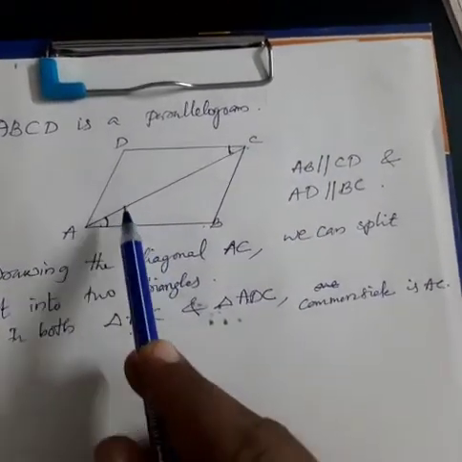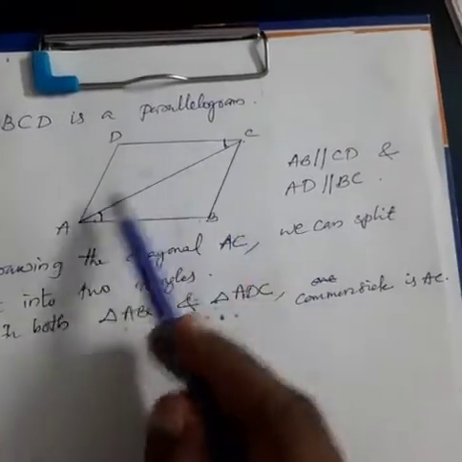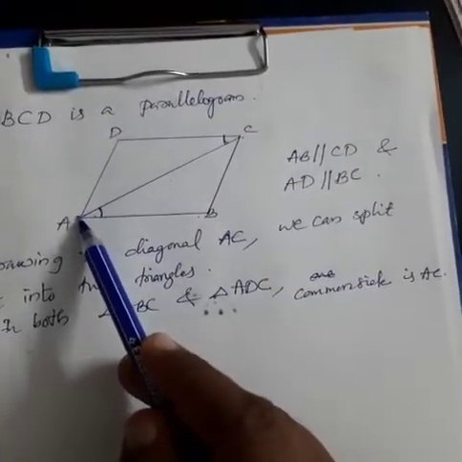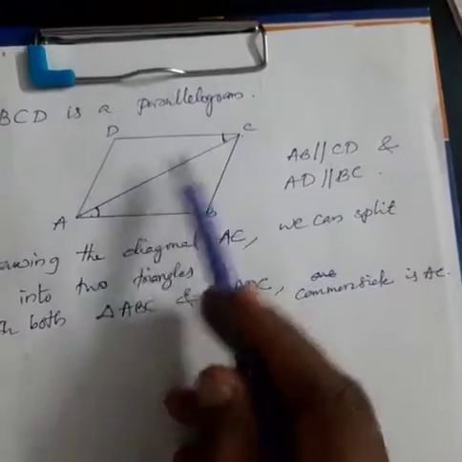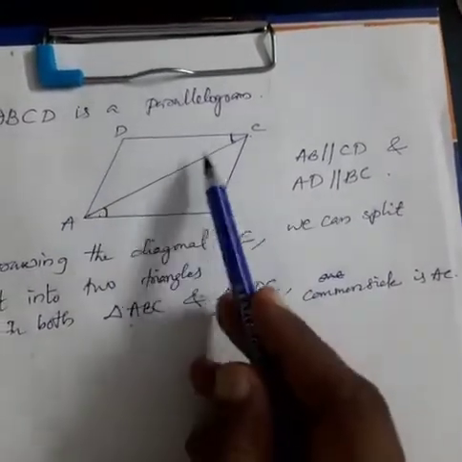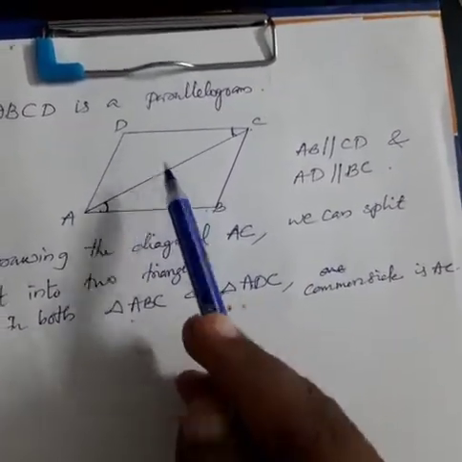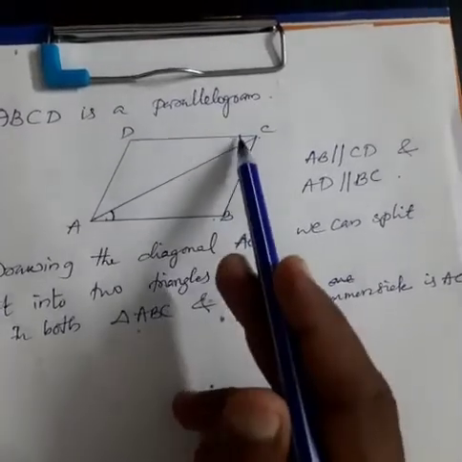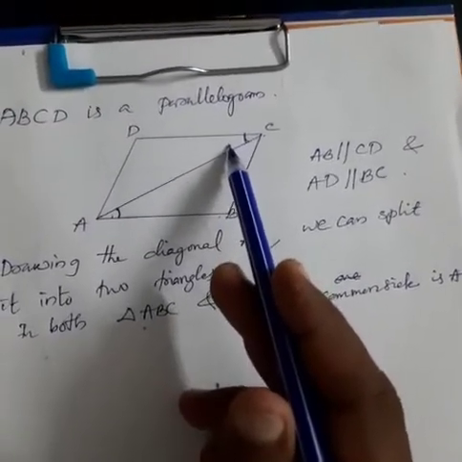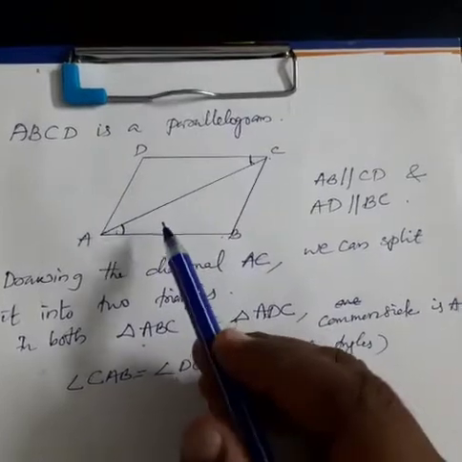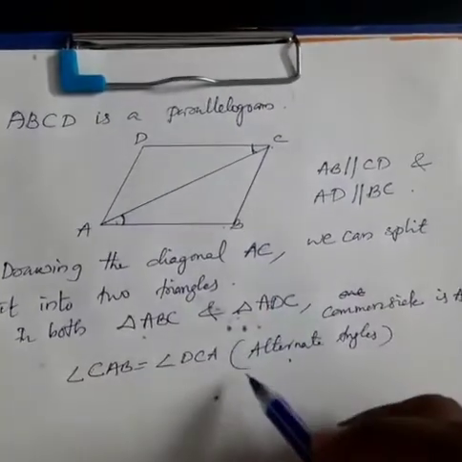In these two triangles, what about these two angles? Are the angles at the ends of AC equal or not? We can write that they are equal because they are alternate angles.